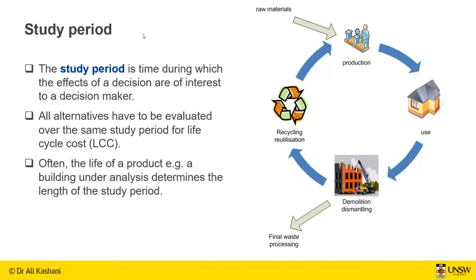So you cannot say, I'm going to make this shopping center and my study period is going to be 100 years. Perhaps that's too much in terms of the life cycle, because at some stage the maintenance cost is going to be too high for you to have any economic benefit in order to keep it going. So it's better to demolish it and make a new shopping center, in terms of the economic value of it.